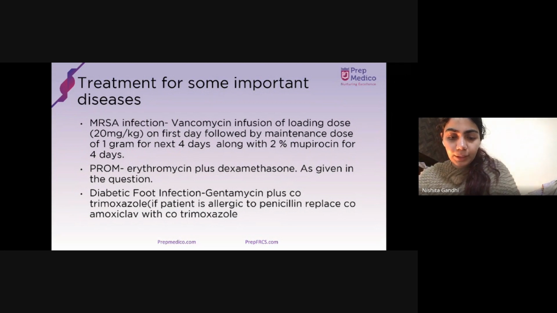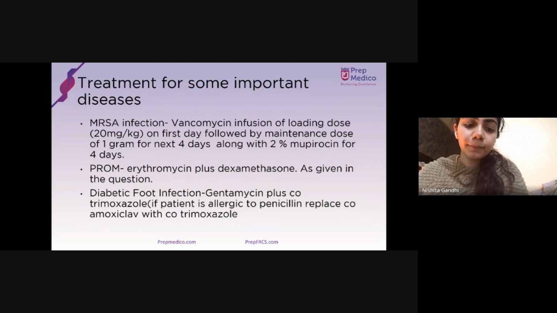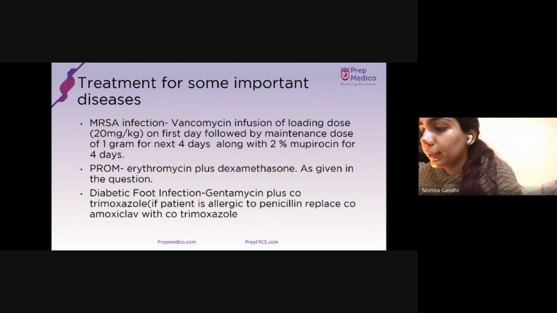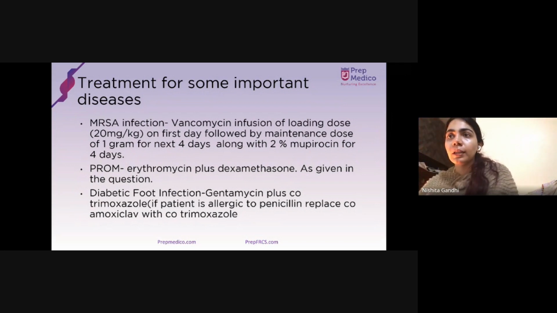Yeah, as we were discussing already, we were talking about MRSA infection and vancomycin. How are we going to prescribe vancomycin? Dr. Nishita was discussing that. Exactly. So MRSA infection, I'm sorry, MSRA is going on in my mind. So it's vancomycin. At that point of time you will have a paper that is going to be very different than the normal.